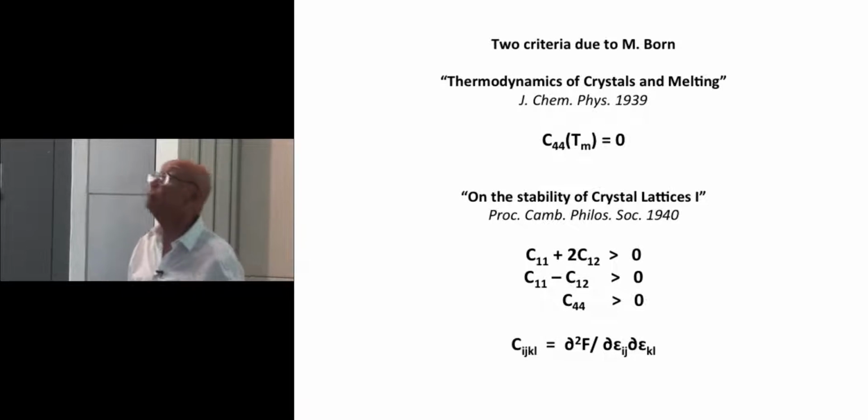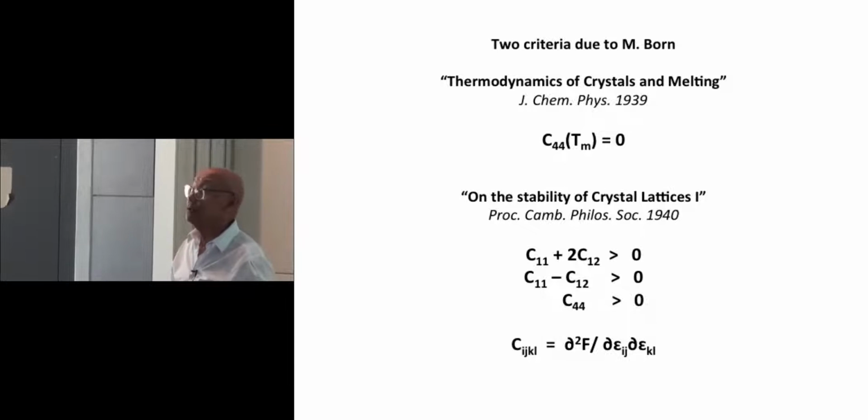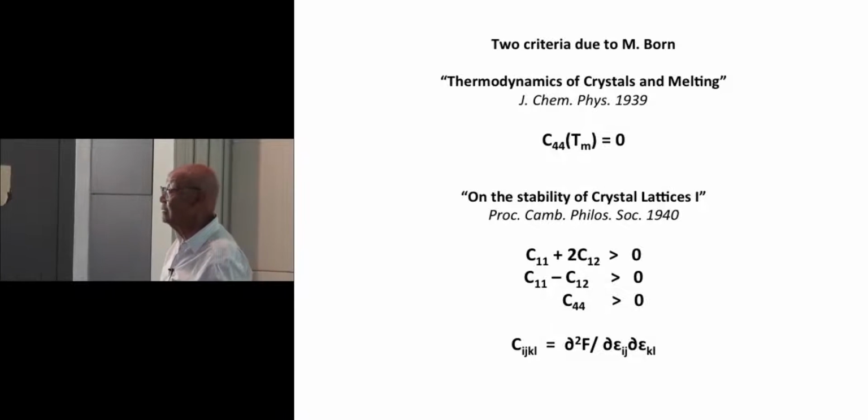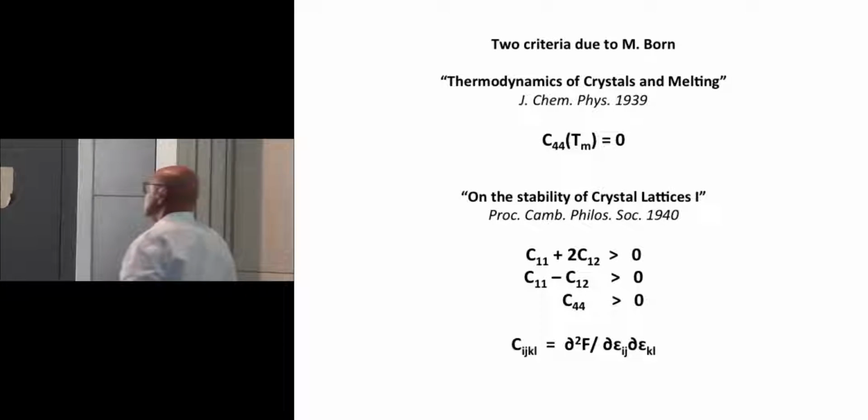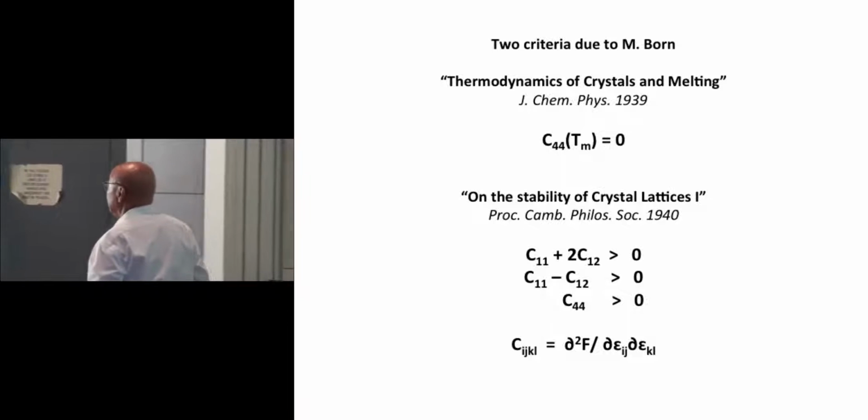A liquid cannot sustain shear. So when the crystal loses the ability to sustain shear, its shear modulus C44, the elastic constant, at T equal to the melting temperature should be 0. That's an operational definition of the melting temperature.